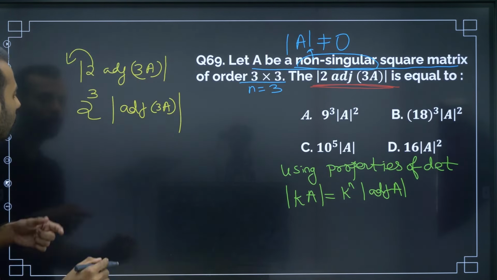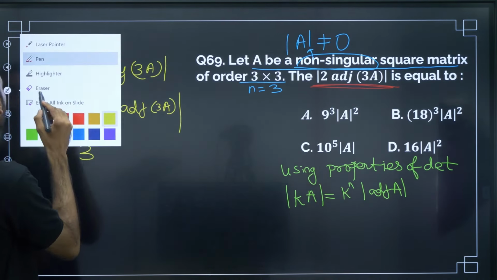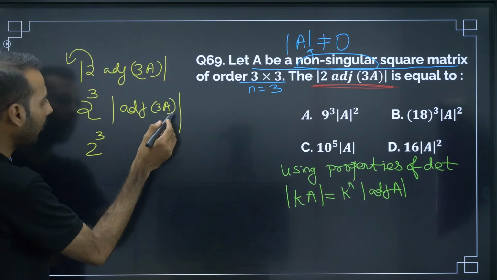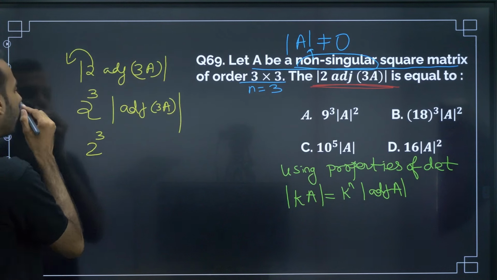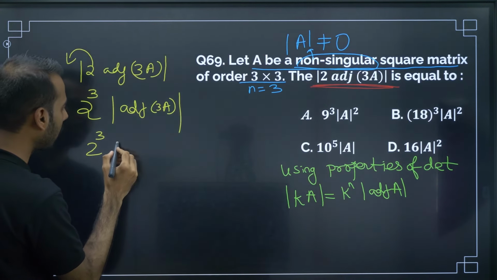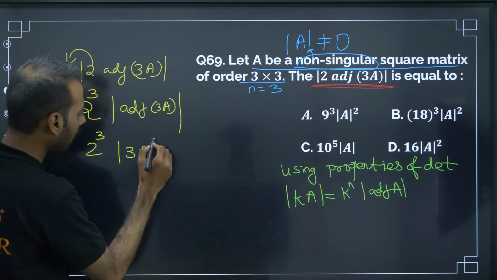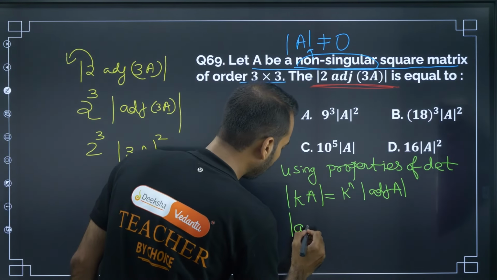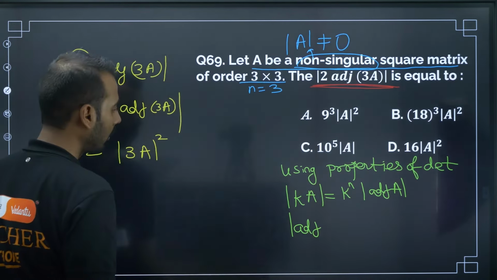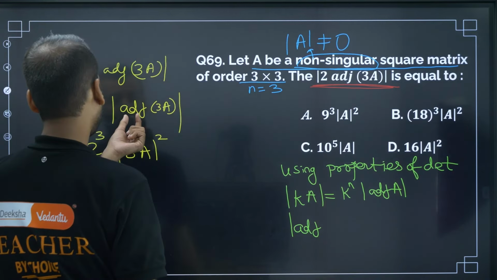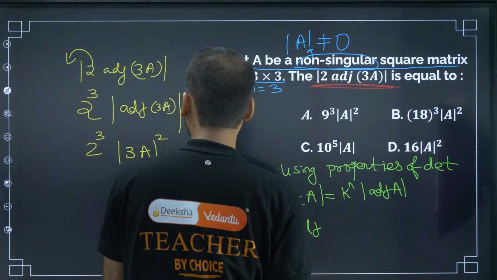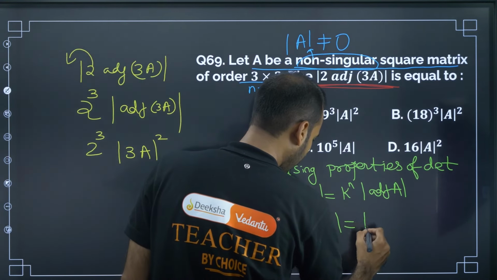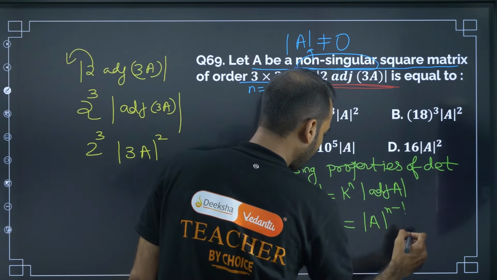Next, now 2 cube, let me write this 2 cube here as it is. 2 cube I am keeping as it is. Determinant of adjoint of 3A is, now one more property you should be knowing: determinant of adjoint of A is determinant of A to the n minus 1.